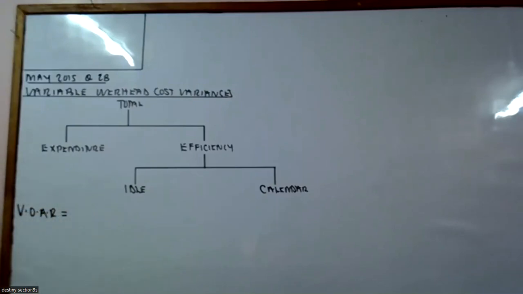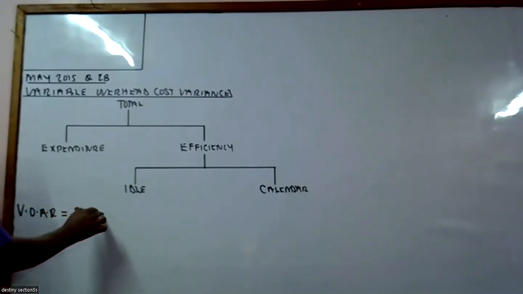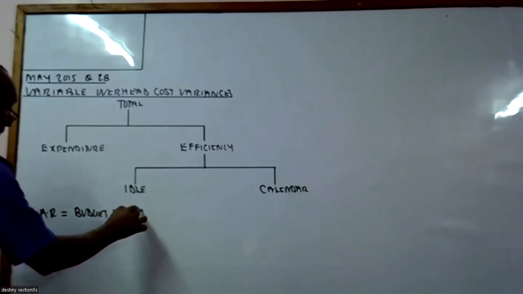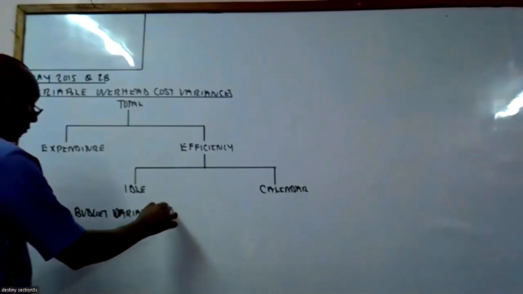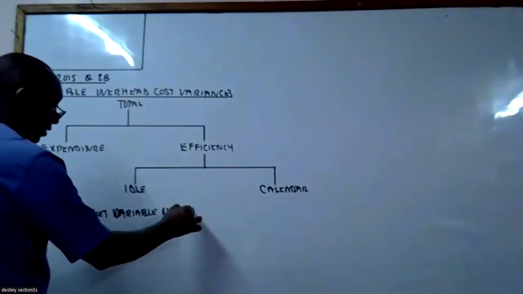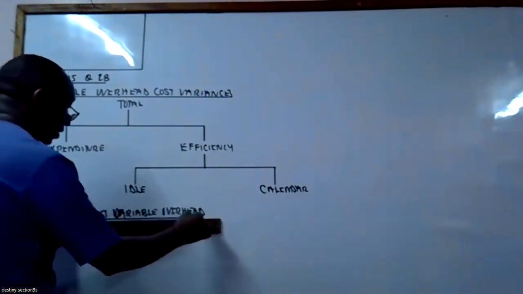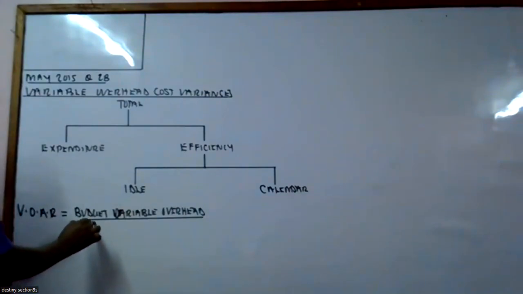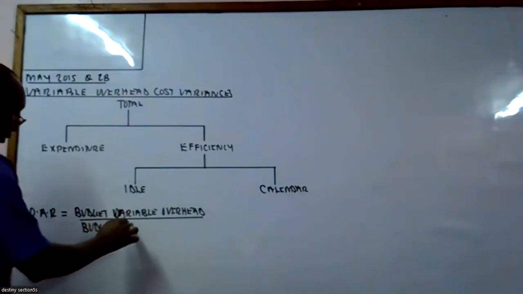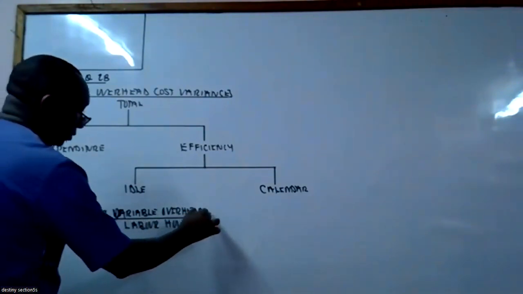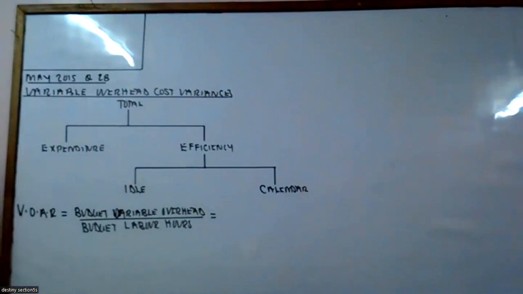Now the variable overhead absorption rate is given as budget variable overheads, you divide by the budget labor hours.